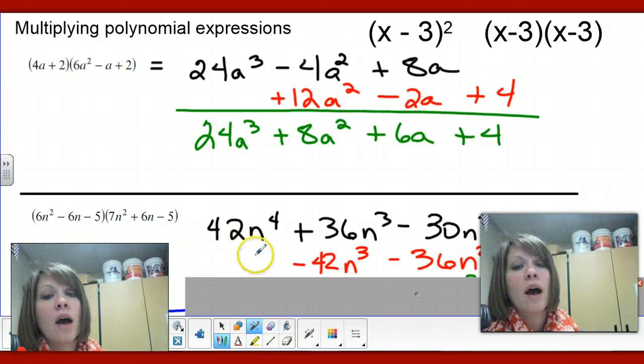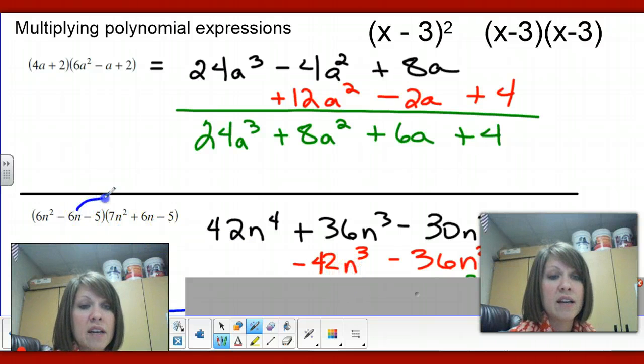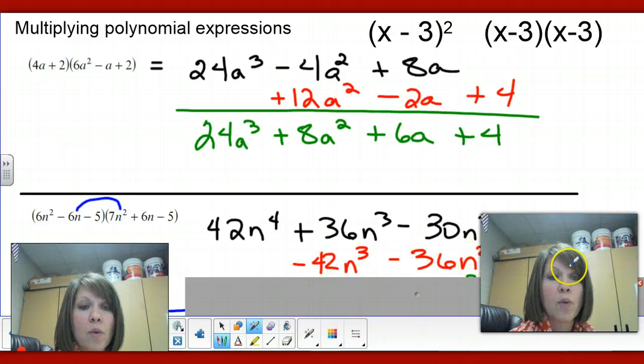Okay, so negative 42n cubed, remember this is this negative 6n times all of these over here, minus 36n squared, oops, that should have been a plus 30n. Okay.